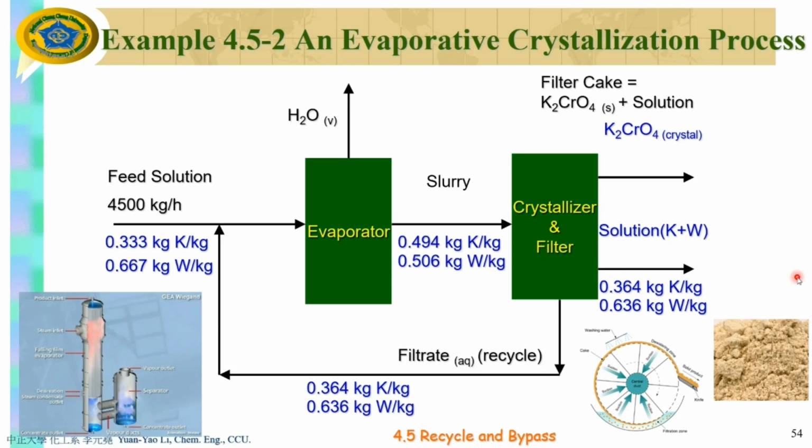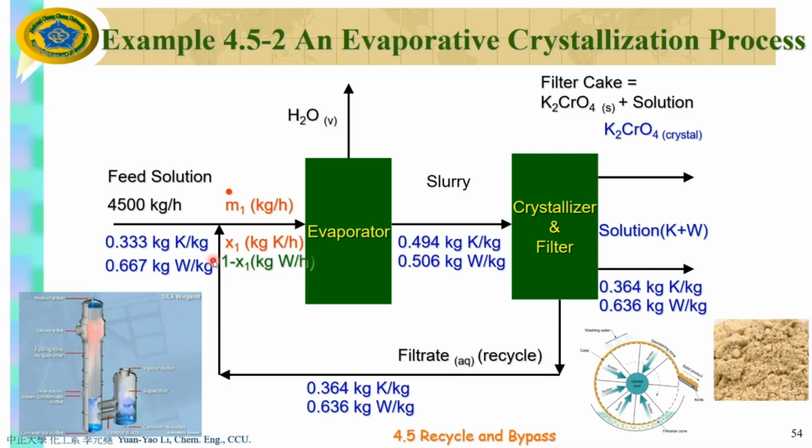Now let's write down the unknowns. The first one, fresh solution, here we have all the information. The second one here, we don't have the information, so we write down M1. We don't know the fraction of the potassium chromate and water, so we write down x1, and the water will be 1 minus x1.